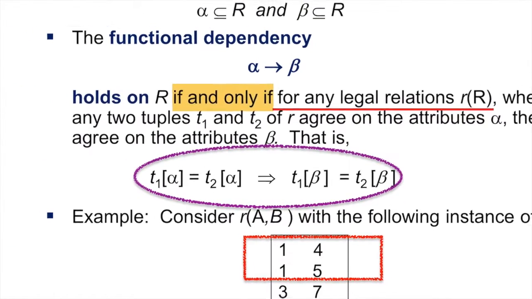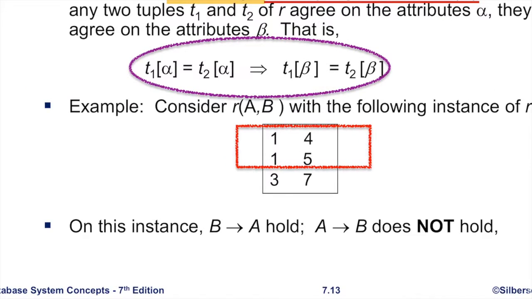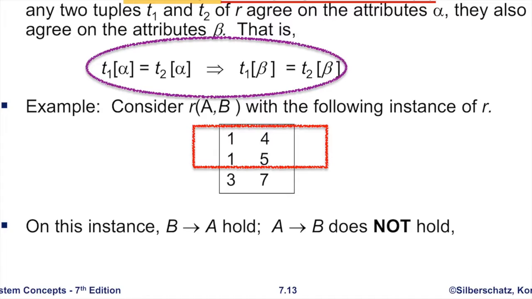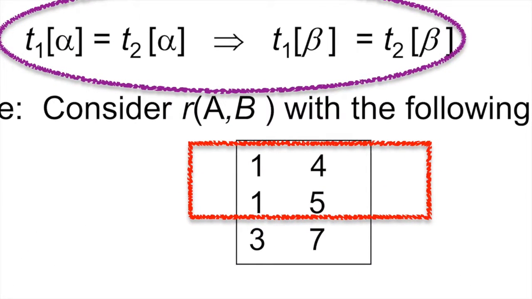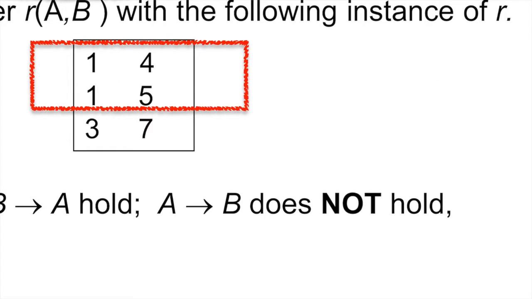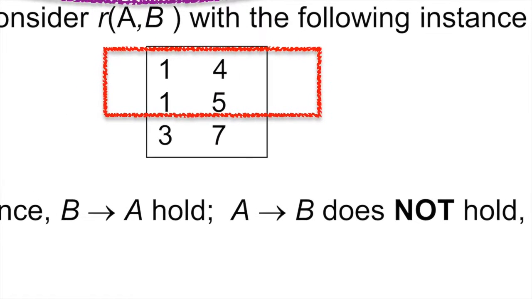So let's have an example. In this particular example, we have a relation containing two attributes, A and B. So first, let's start with, there is no functional dependency from A to B. Okay?